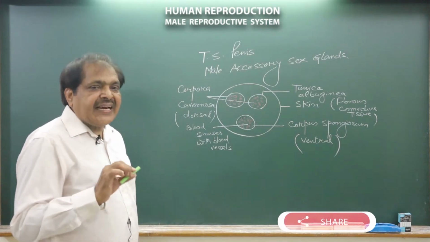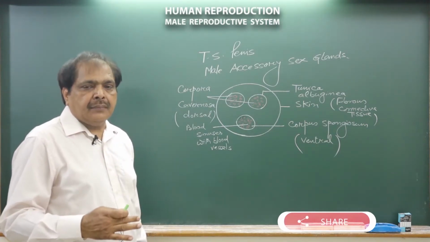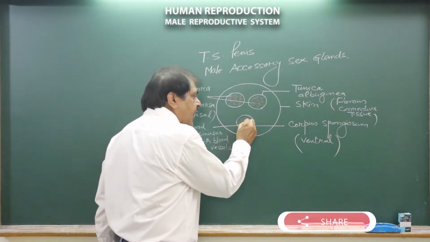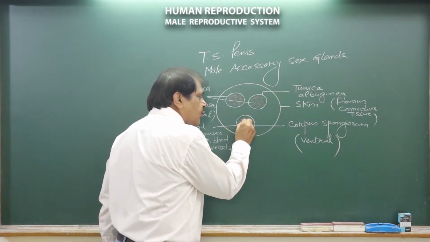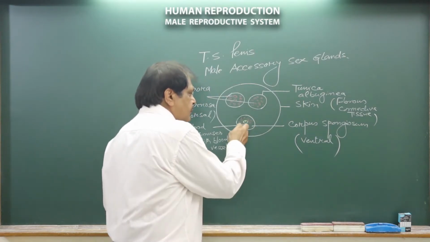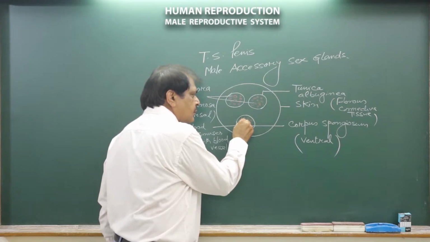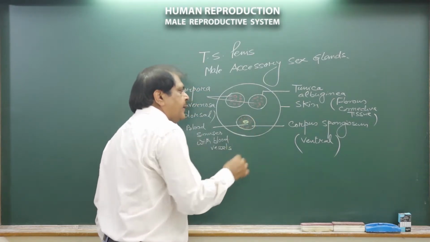Moreover, inside the corpus spongiosum, there is the structure called the penile urethra. This is the penile urethra, a very, very important structure.